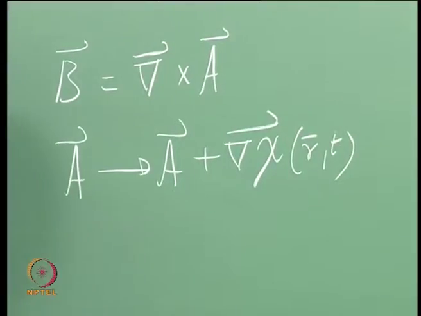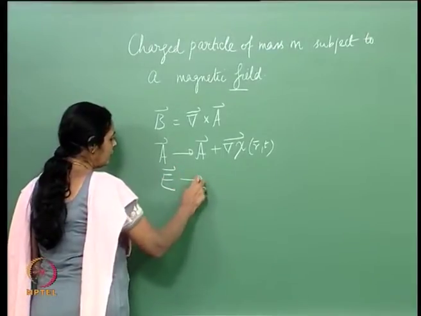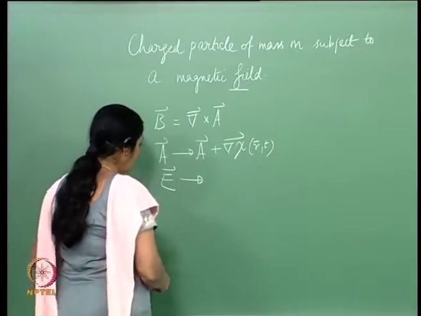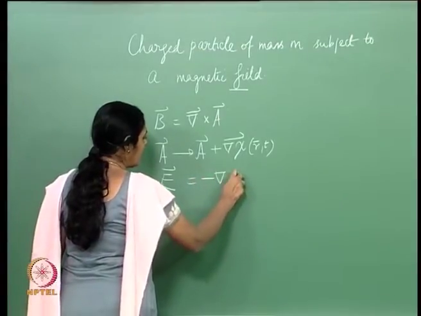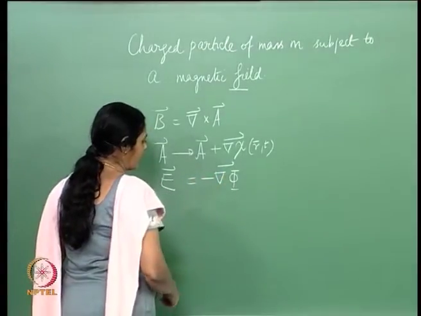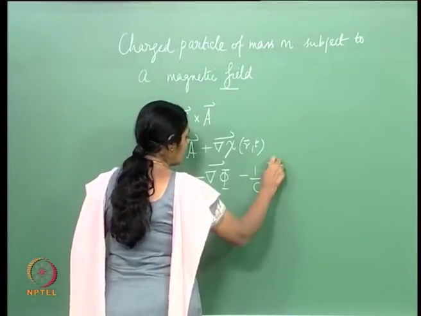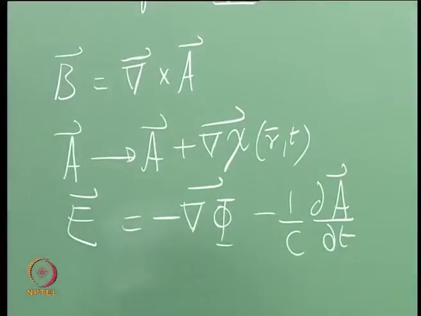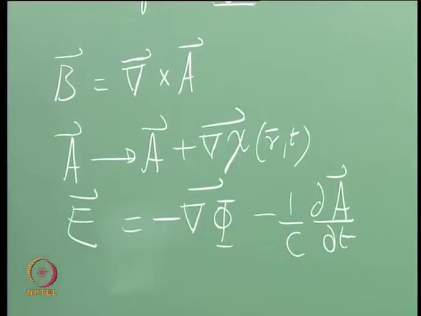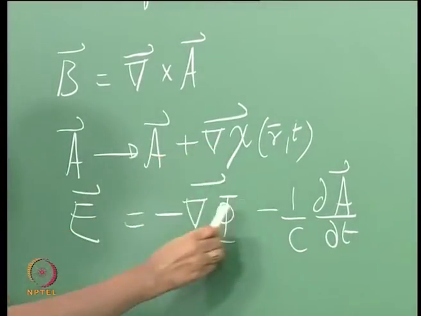In fact, the full set of transformations are best understood if we look at the electric field as well, because the electric field can be written as minus gradient of the scalar potential phi minus 1 by c delta A by delta t, and therefore, it is not enough if A alone made a transformation.